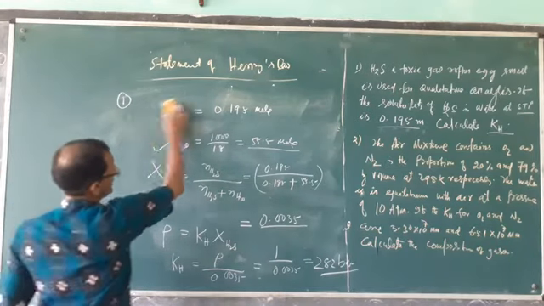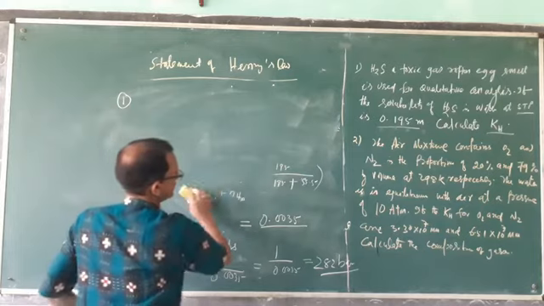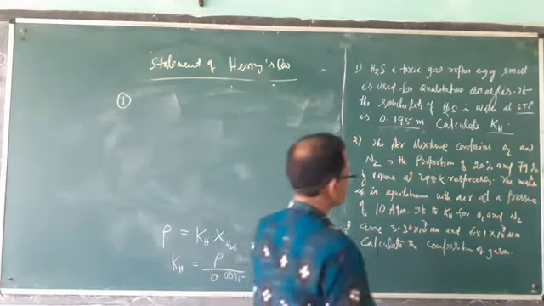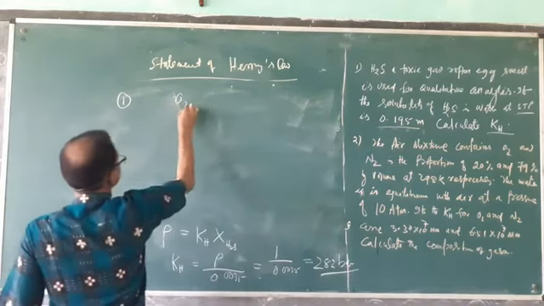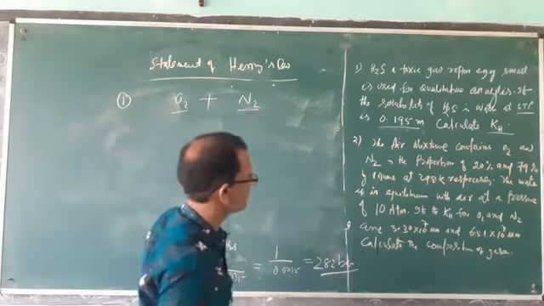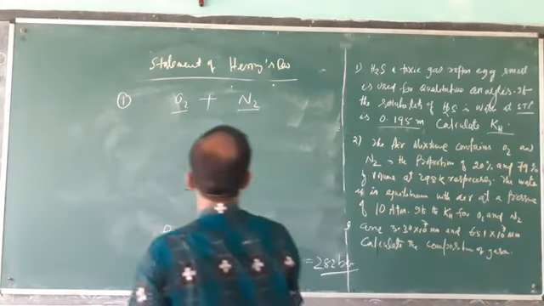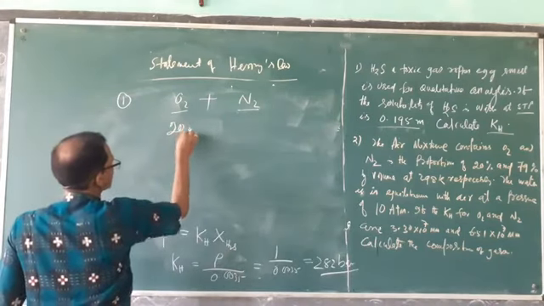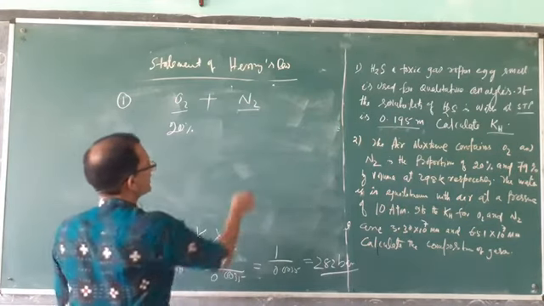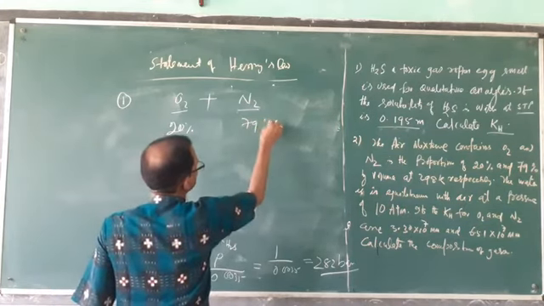Then, the second question. What is the second question given? The air mixture contains oxygen and nitrogen. Oxygen is 20% and nitrogen is 79% by volume.